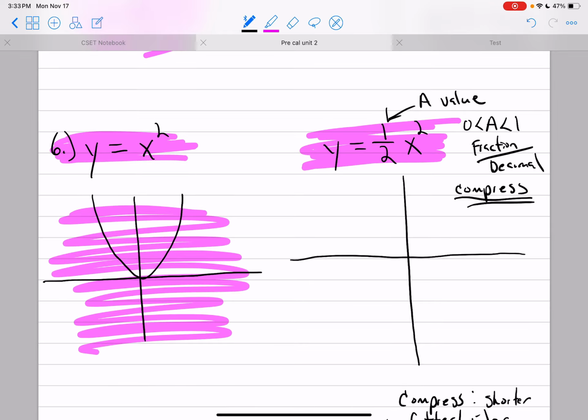So if I take this and make it shorter and fatter or wider, it's going to start to look like this. Goes from this, turns into that. Shorter, now it's fatter and wider. Got compressed, got smushed. Okay?